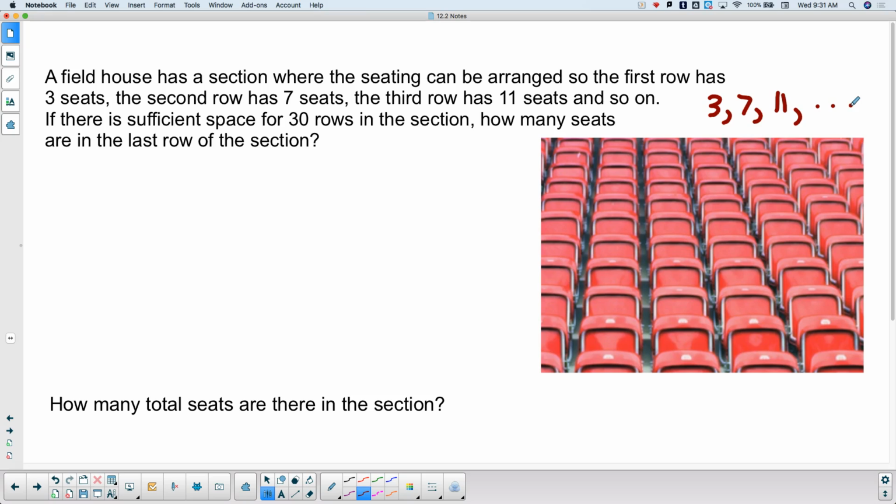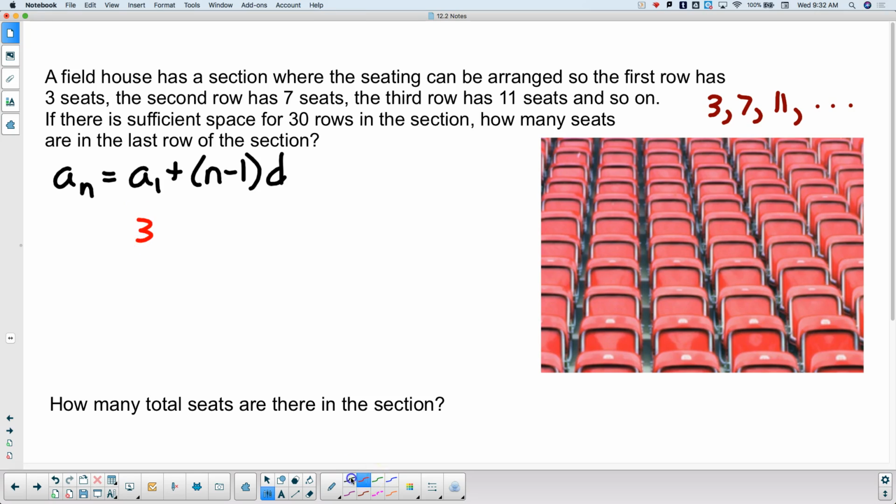So the first question is, how many seats are in the last row of this section? Well, in order to come up with that, a sub n is going to equal a sub 1 plus n minus 1 times d. I need to know what a sub 1 is. What's the first term? 3.